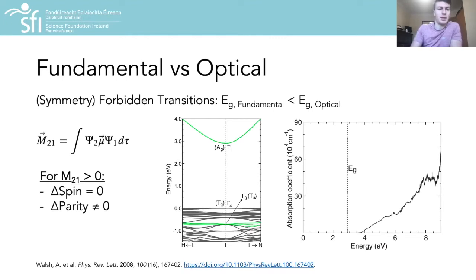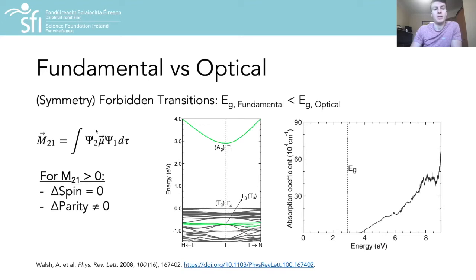Here, the transition dipole moment is one of the determining factors in the rate of electronic transition. For this integral to be greater than 0, and so to allow a transition, the change in spin must be 0 and the change in parity must not be 0, because the dipole operator, mu, is odd.